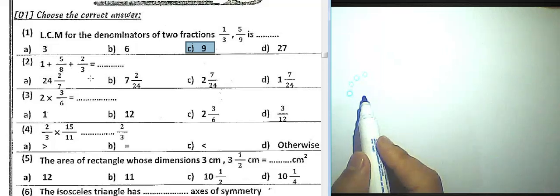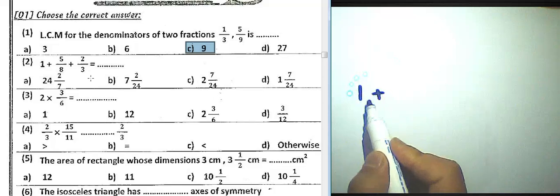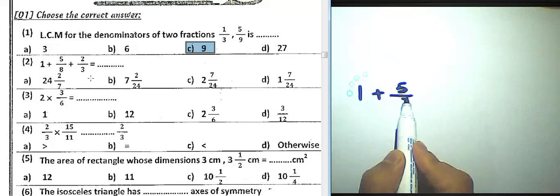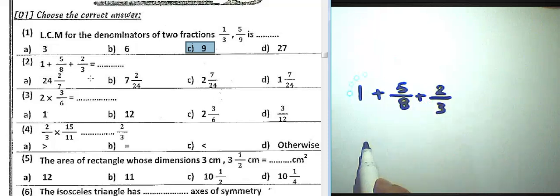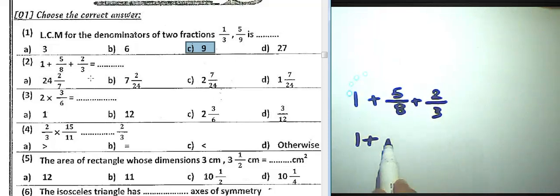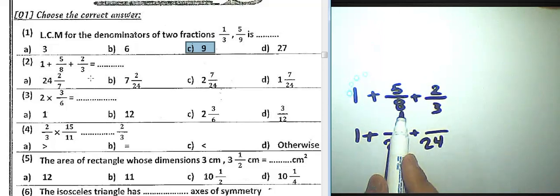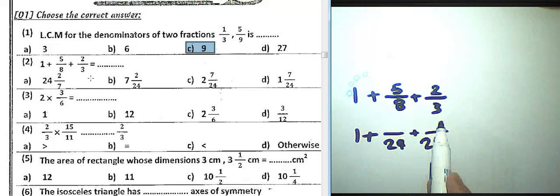And 1 plus 5 over 8 plus 2 over 3, we can write the least common multiple between the two denominators here equal 24. And then you can write the result: 1 plus 5 over 8 plus 2 over 3. 1 plus 24 here and 24 in the denominator. 3 times 8 equal 24.